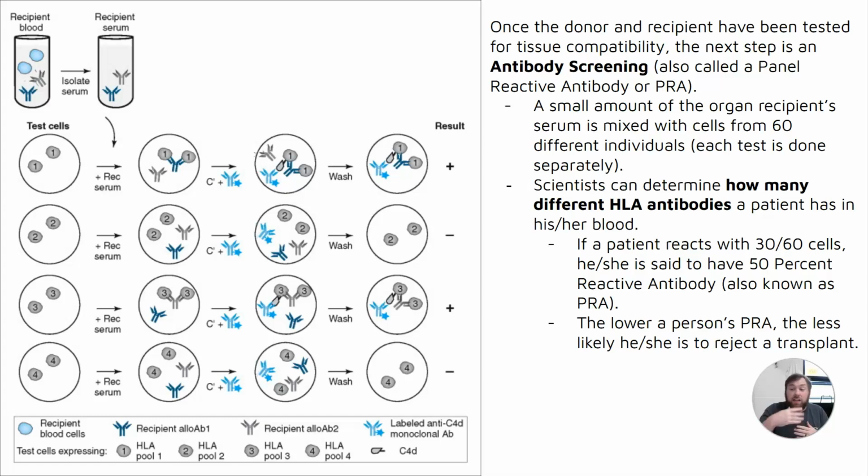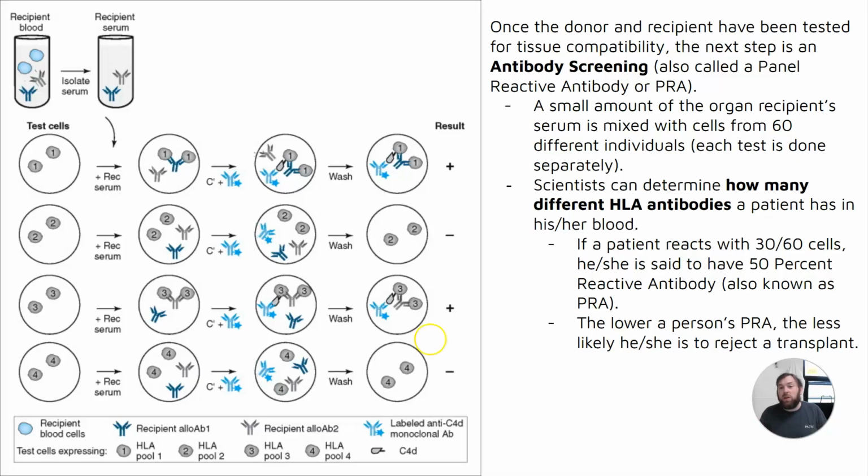You can express a ton of the same one or very little of the same one, meaning that if I have antigens all over my cells, my organs might not be very good to give to someone else because I would have my tissues targeted much easier with all those antigens on the outside by the recipient's antibodies.